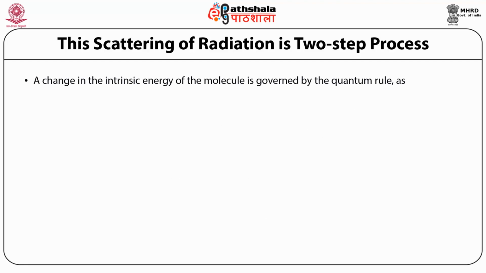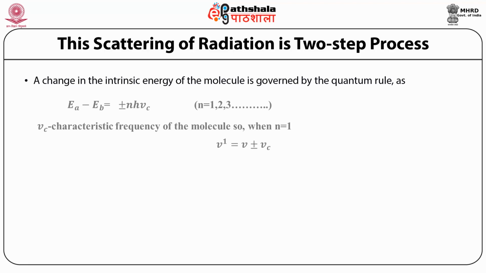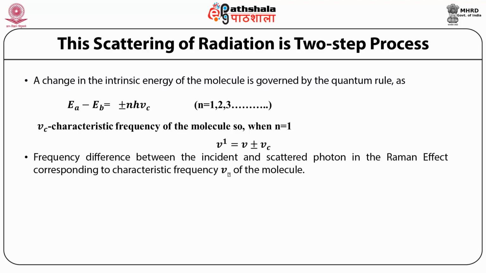A change in the intrinsic energy of the molecule is governed by the quantum rule, Ea minus Eb is equal to plus or minus n h nu c. N can take the values 1, 2, 3, etc., and nu c is the characteristic frequency of the molecule. So, when n is equal to 1, nu 1 is equal to nu plus or minus nu c, and the frequency difference between the incident and scattered photon, the Raman shift, corresponds to the characteristic frequency nu c of the molecule.